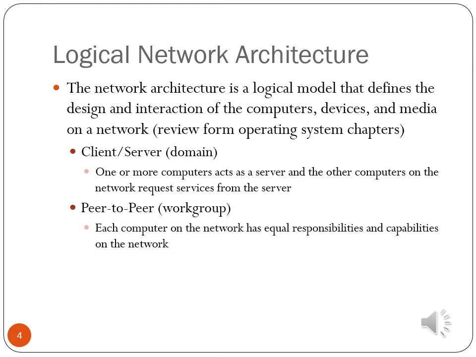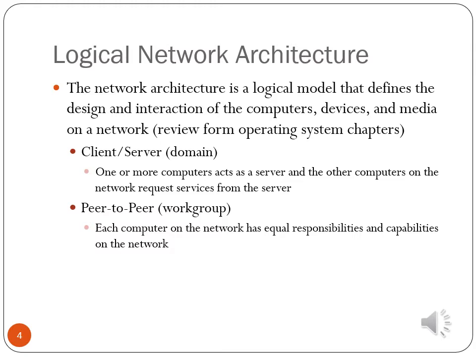This is where there's one computer that controls everything about the network. It's a very centralized networking system. The other is a peer-to-peer network, or what we called a couple chapters ago, a work group. This is where each computer on the network uses the network as a resource, but no one computer has more power than any other computer.